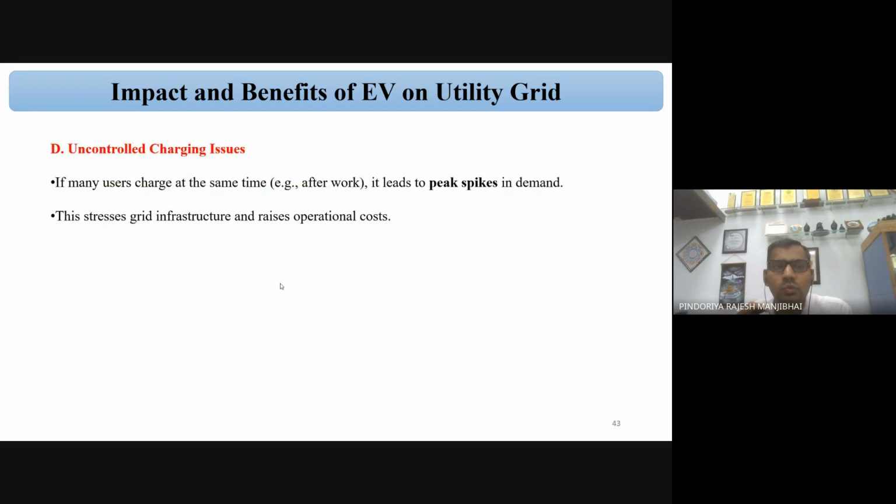Uncontrolled charging issue. We cannot easily control the power supply, correct? If many users charge at the same time, it leads to peak spikes in the demand, correct? So that is not easy to control. This stresses the infrastructure and raises the operational cost.